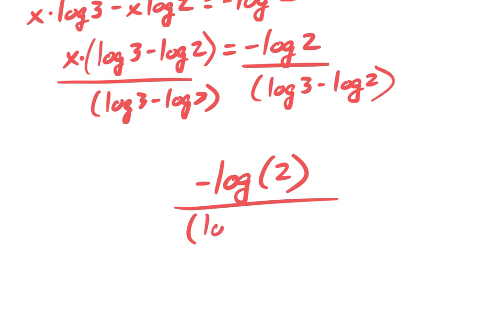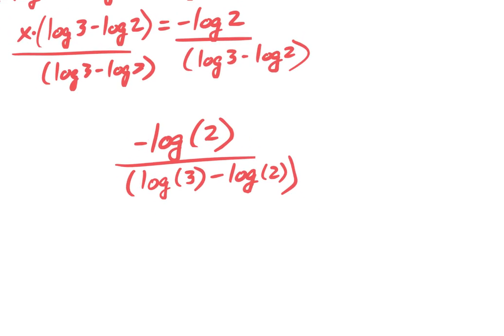And I'm going to do the log of 3, close it off, minus the log of 2, close it off, and then close off the whole denominator. Okay, parentheses are a really big deal here. If we don't put it in just right, then it won't read it correctly, and your calculator will be doing the problem in a little bit different order. Okay, try putting that into your calculator.